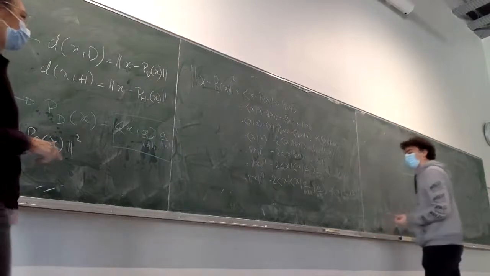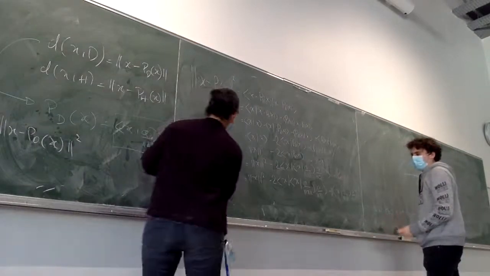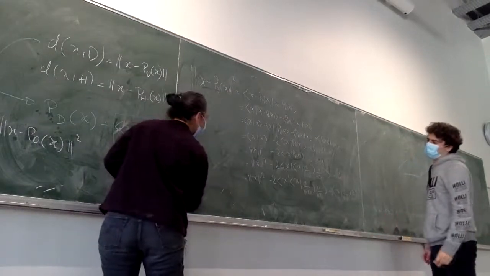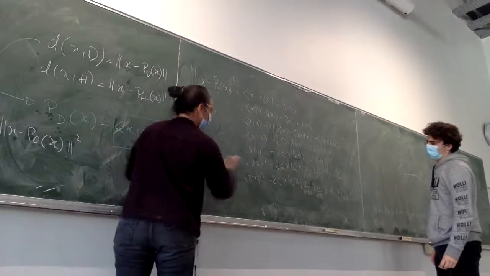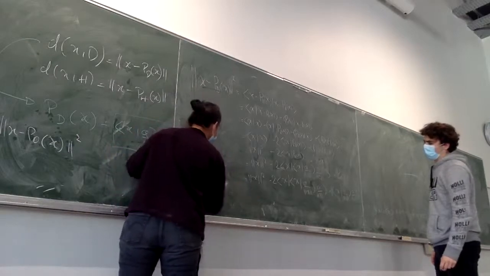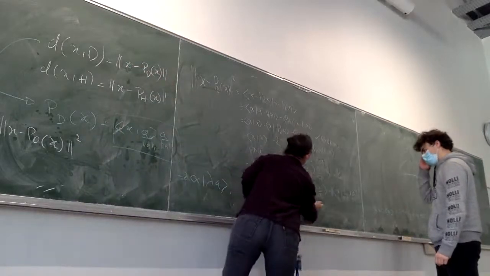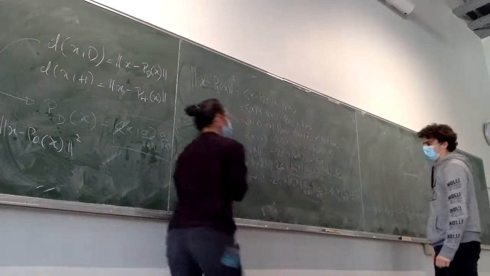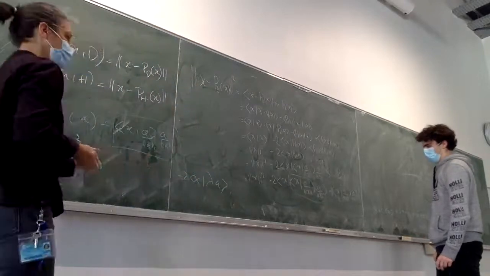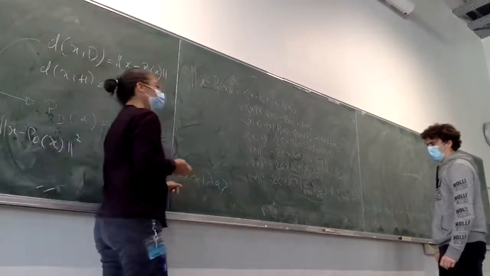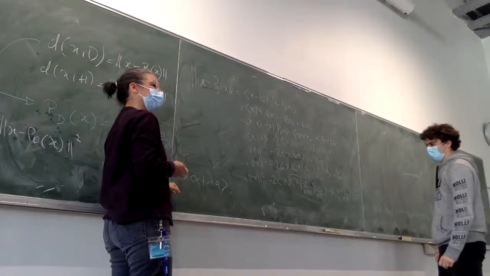You've got something here, minus 2 times something, let's call that lambda, times vector a. What is lambda? Lambda is all the real part here. All this is a real number. So using the linearity of the scalar product, what does that give you?